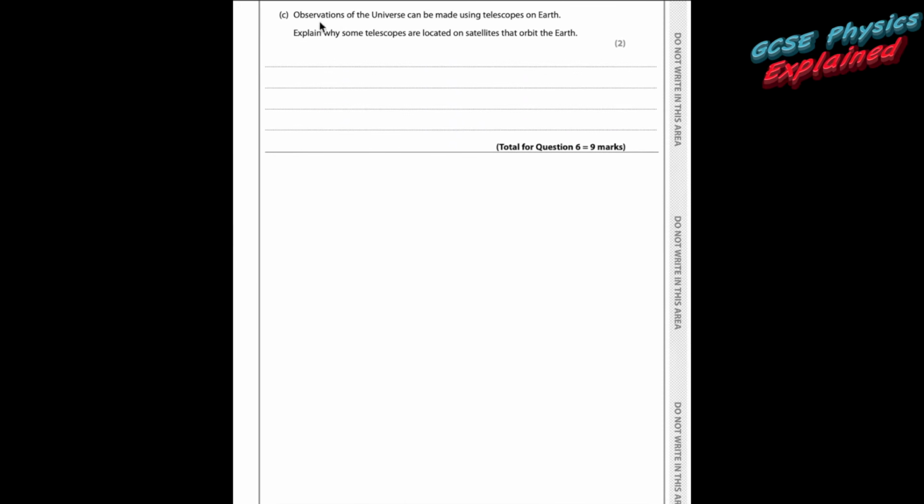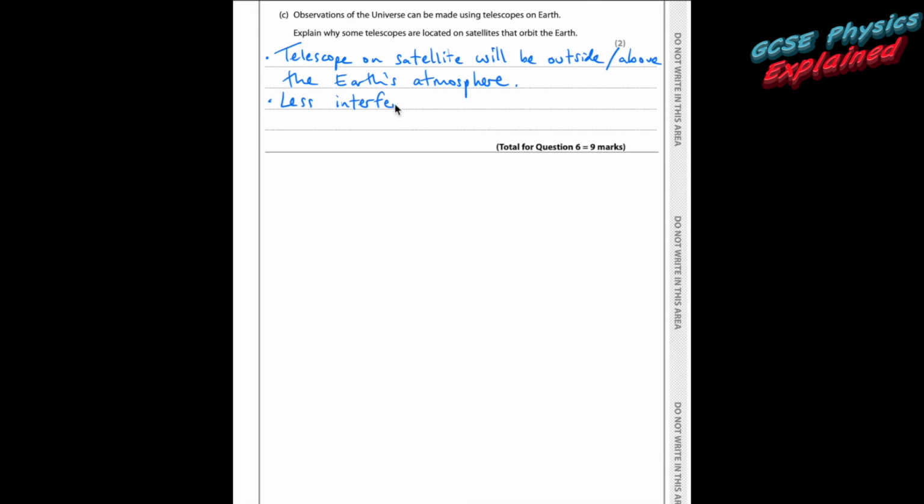Part C. Observations of the universe can be made using telescopes on Earth. Explain why some telescopes are located on satellites that orbit the Earth. Right, well, a good thing about that is the telescope will be outside of the Earth's atmosphere, so there's less interference from dust and clouds, things like that. Or just general atmospheric distortion.